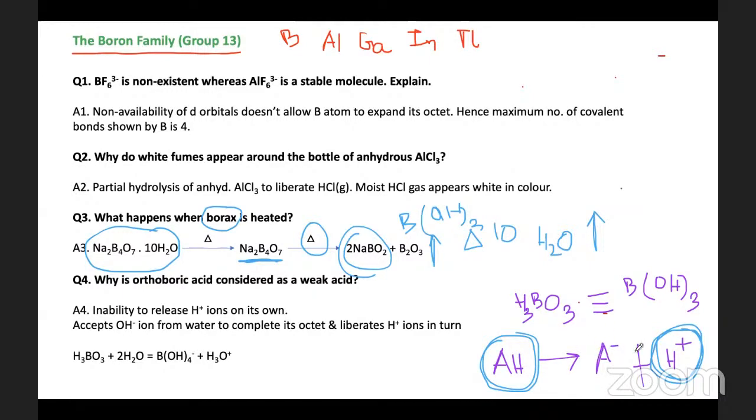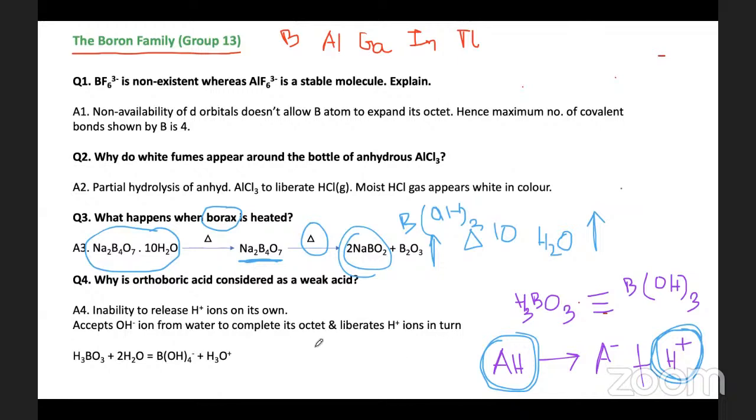So it all depends upon the stability of the A minus species, that is the conjugate base. So depending upon the stability of the conjugate base, the acidity of a specific species will be determined.